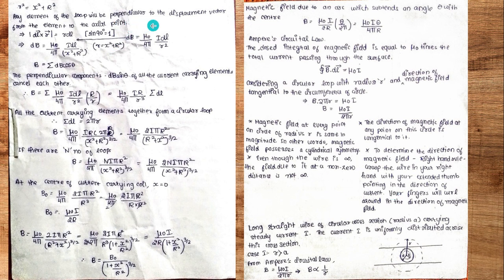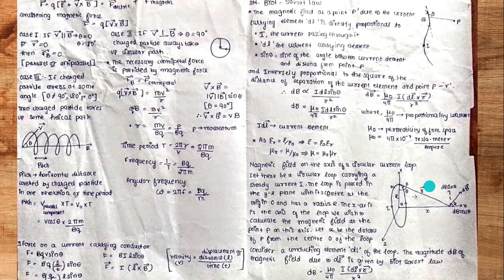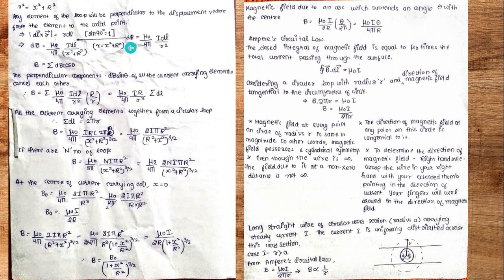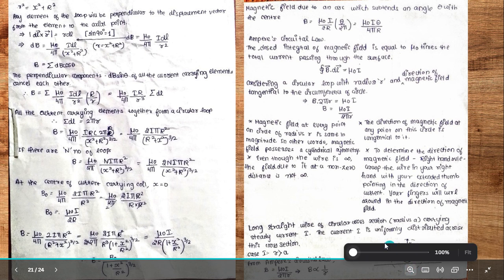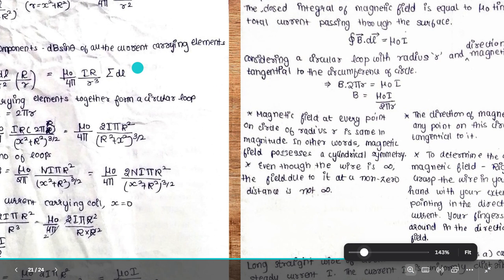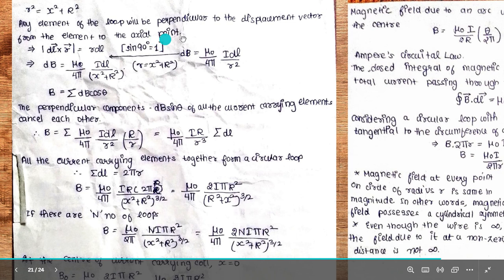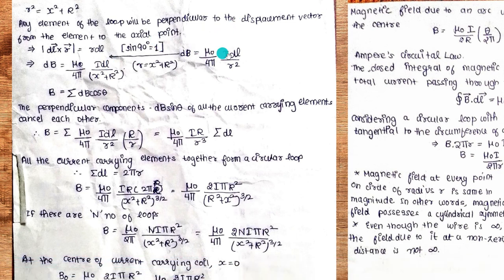If I consider any element of the circular loop, this is my displacement vector, and it is always perpendicular to the element of the loop. So dl bar cross r bar can be written directly as r into dl, because theta becomes 90 degrees.